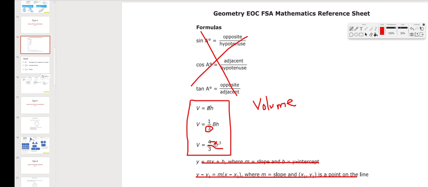The other thing about volume is that it's always going to be cubic. The reason why it's cubic and not square: square is when you're looking for area, because it's two-dimensional, that's 2D, and cubic is 3D. So you have 3 dimensions.